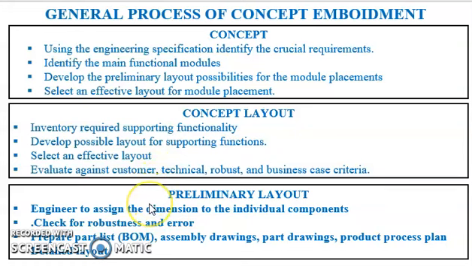Now the rough layout should be detailed, ensuring the compatibility of all sub-assemblies and their interfaces with respect to each other. This is done by the use of available standards, mathematical models, design guidelines and experimentation.